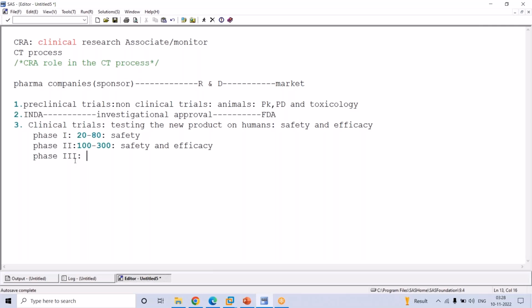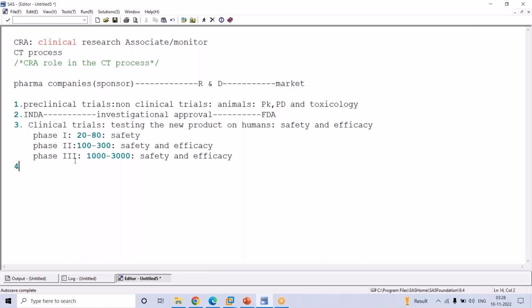We'll see the therapeutic activity of the product here and confirm the therapy here. We'll confirm the safety and efficacy in phase 3 by experimenting the drug on a large group of people. So this is safety as well as efficacy, but this time with a large number of people.